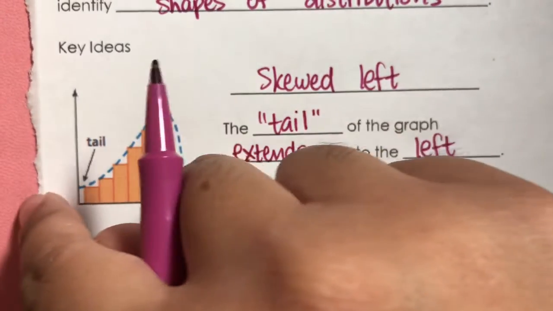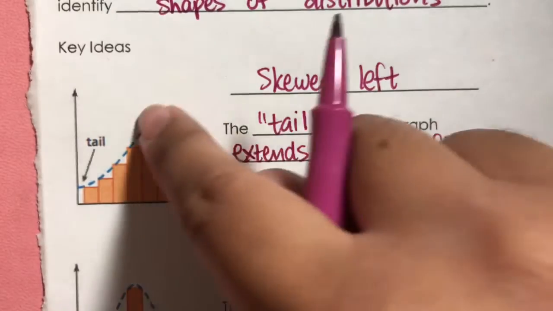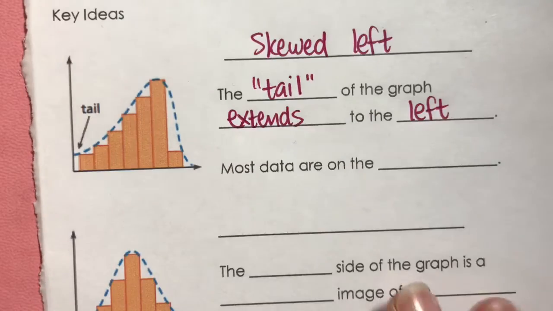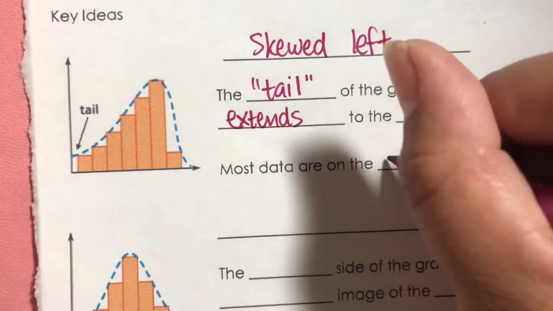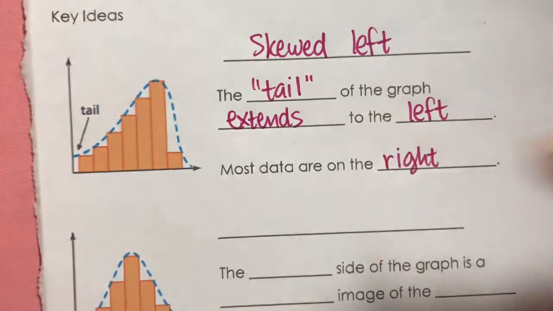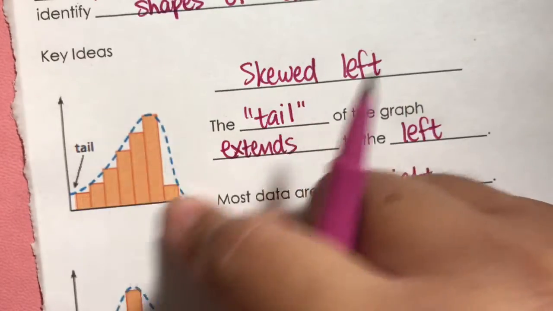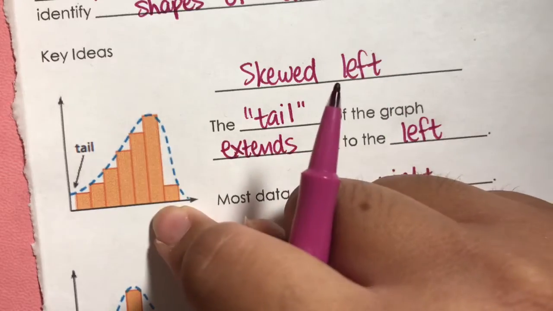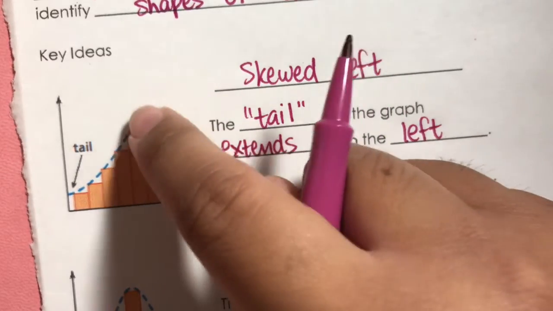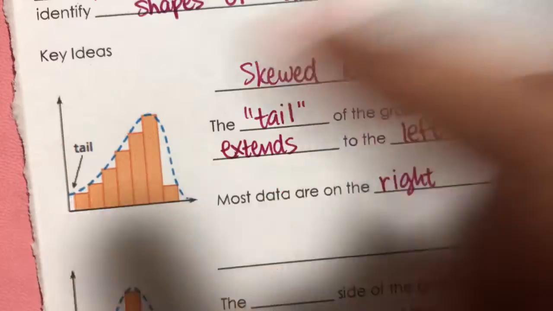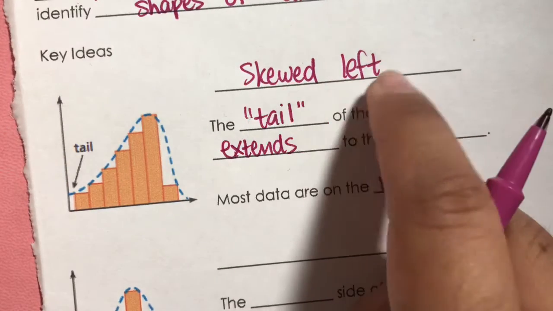The tail is extending to the left of the graph, not to the right. Most data are on the right, see how most of the data falls on the right side of the graph? So if most of the data falls on the right side and the tail extends to the left, that means that the graph is skewed left.